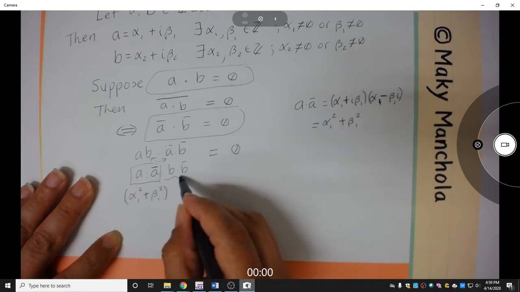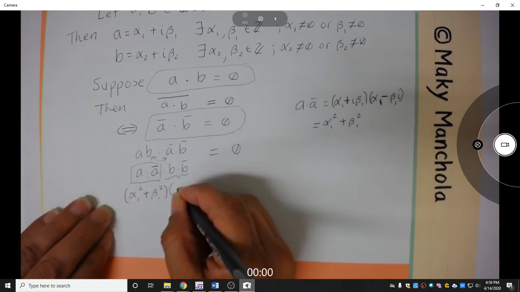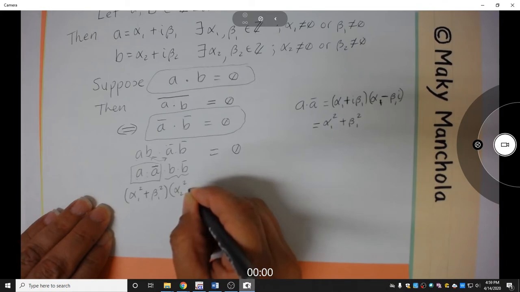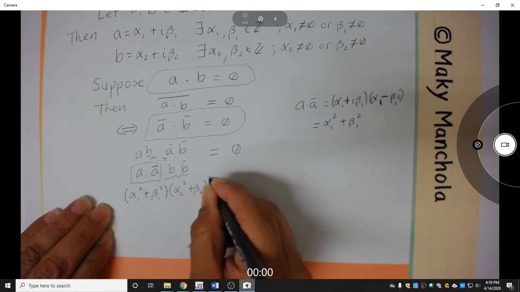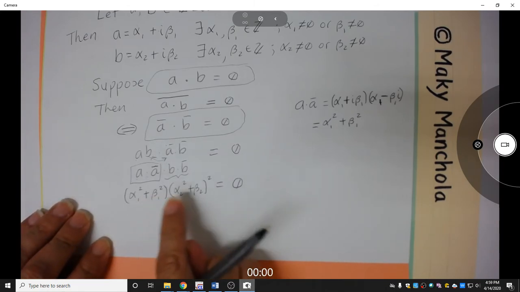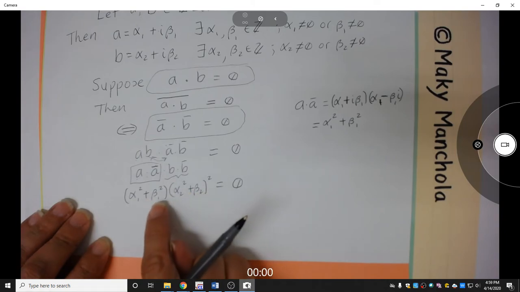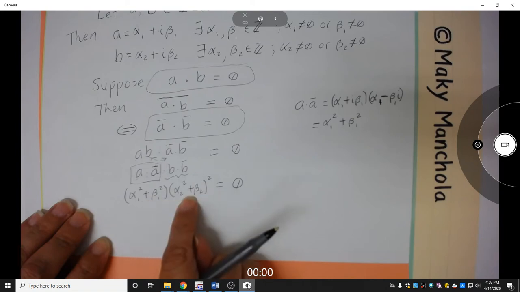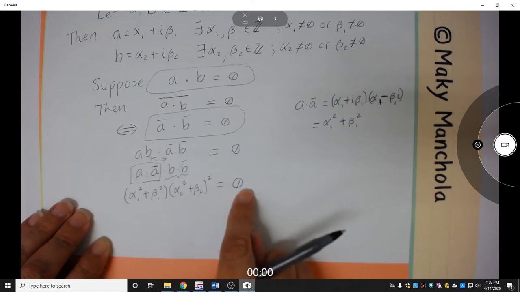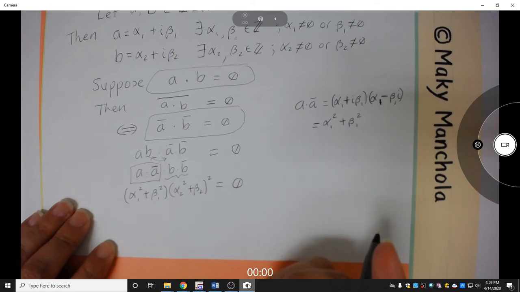In similar fashion, b times the conjugate of b will be alpha 2 squared plus beta 2 squared. Now, this product is equal to 0. These are real numbers, so in particular, they are integers. So we know that when you have a product of two integers and it equals 0, then at least one of the two integers must be 0.